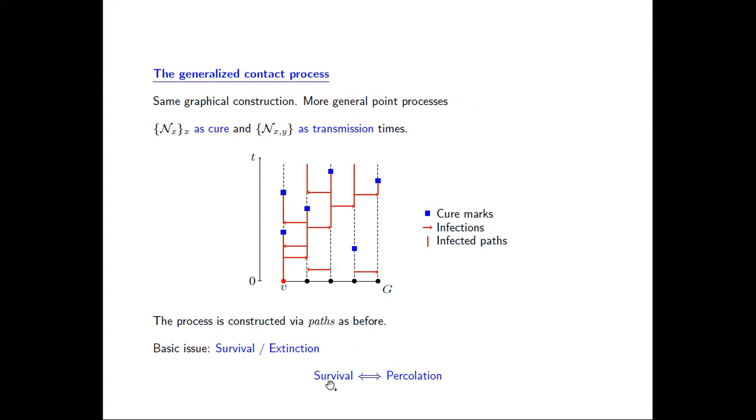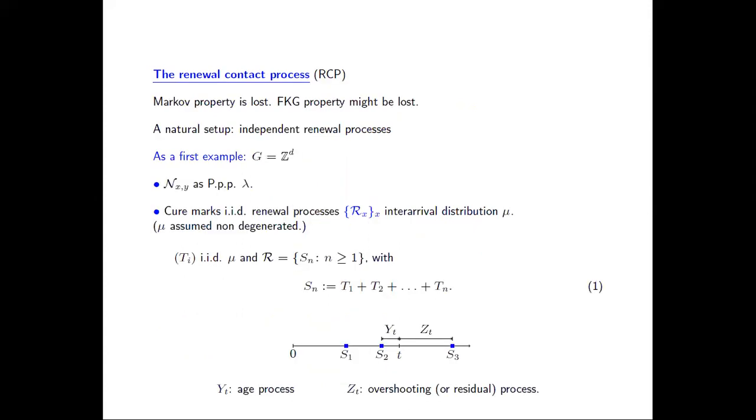And you get into the first question that you might ask: whether you have percolation, or survival. It's the same construction as before, but now your processes are not Poisson anymore. So you no longer have the Markov property, of course. You may lose other nice properties. For instance, the FKG property might be lost depending on your distributions.